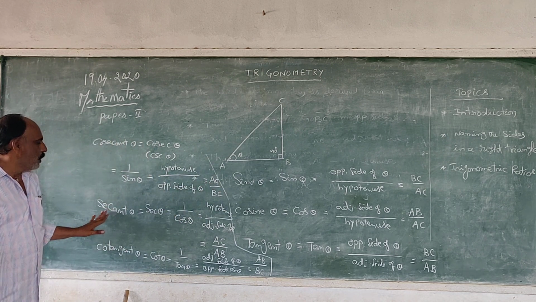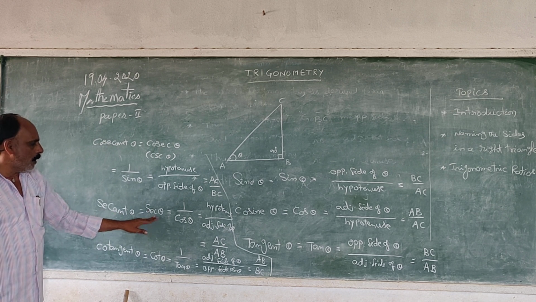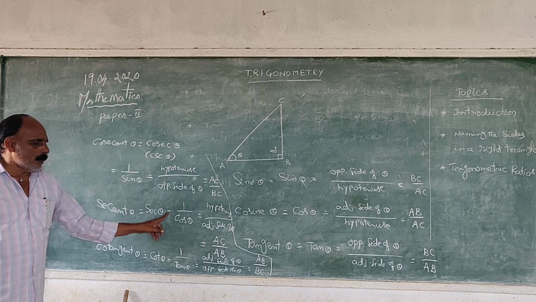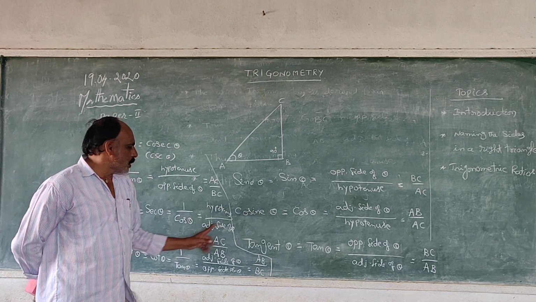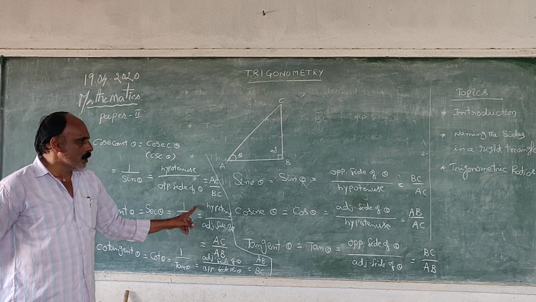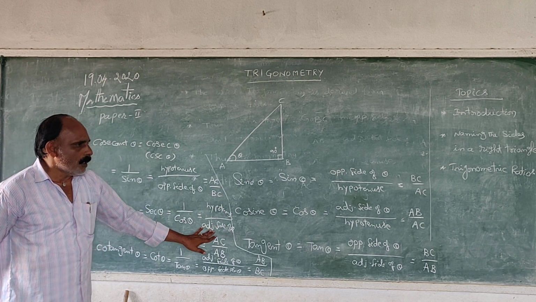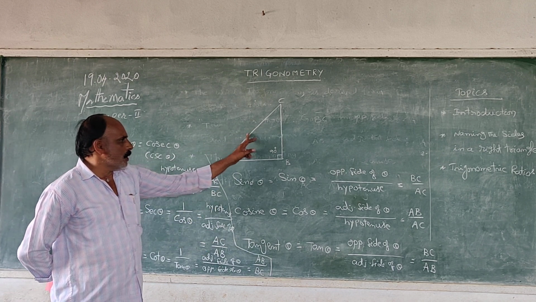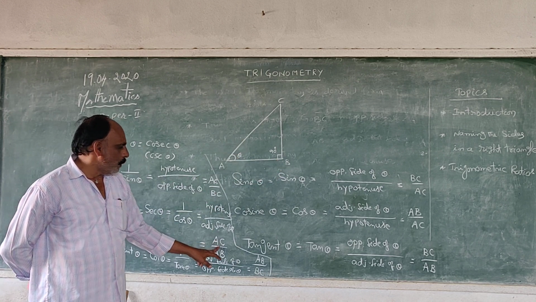And the next one, secant theta, is briefly written with the first 3 letters, sec theta, and is equal to the multiple inverse of cos theta. So it is written 1 by cos theta, that is equal to hypotenuse by adjacent side of theta. From the figure, hypotenuse is AC, adjacent side is AB. So AC by AB.